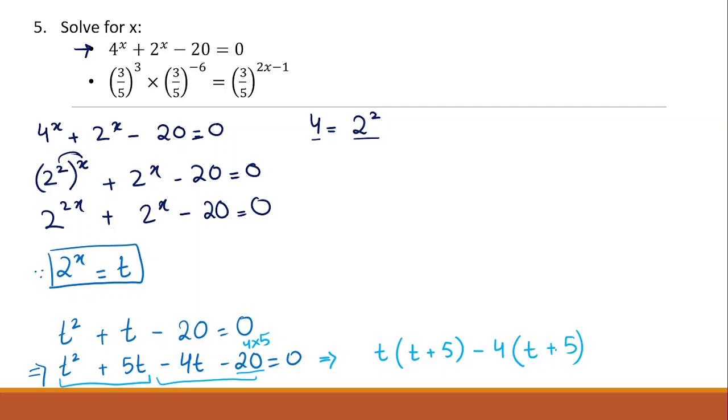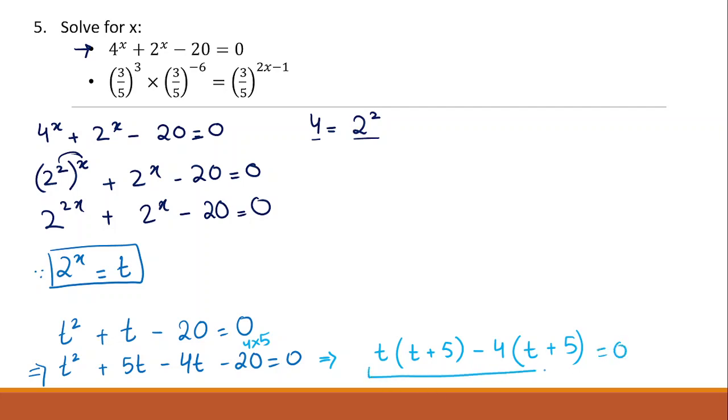Yes, t plus 5, not t minus 5, right? Because if you multiply them together, you will get negative 20, the same thing. Basically, when we take a negative sign common, we swap the signs: the negative will become positive. So we have written positive t plus positive 5 equals 0.